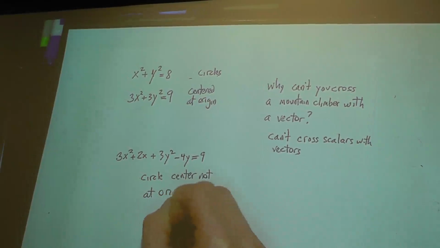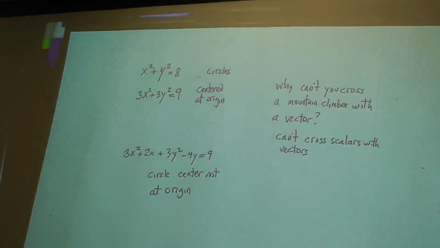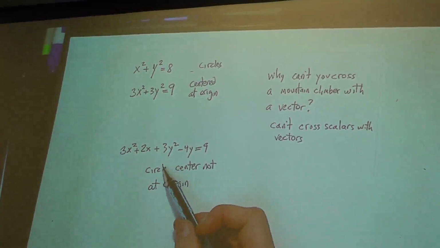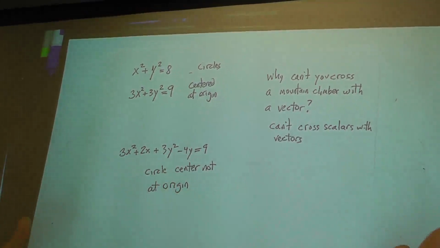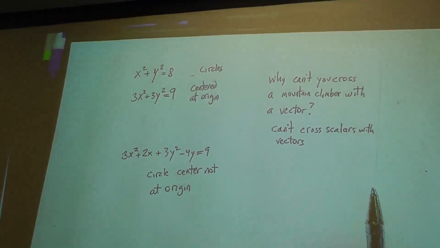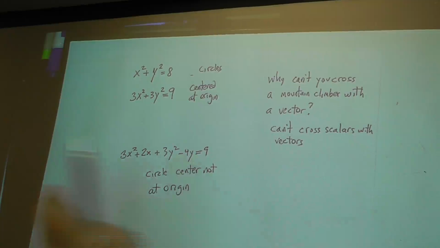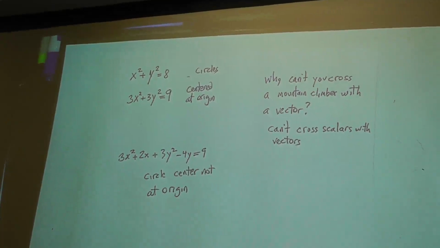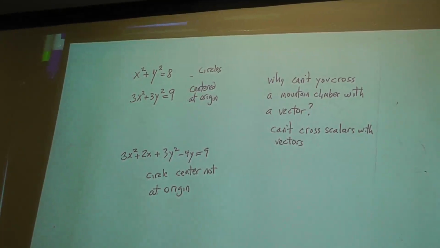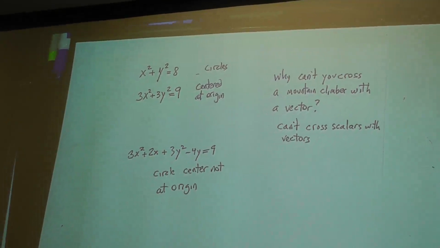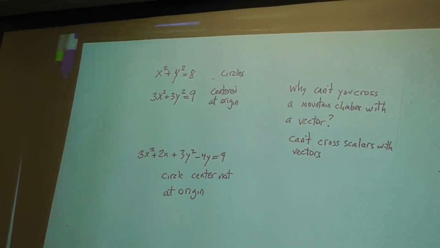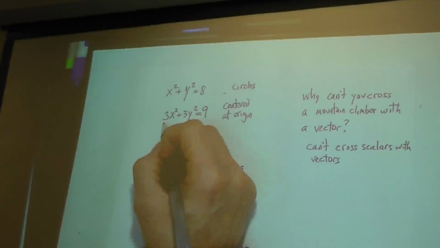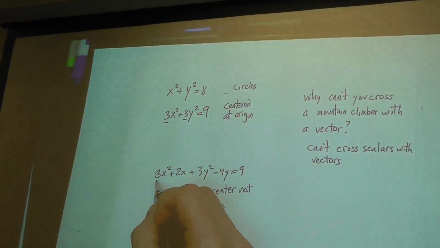So a typical pre-calc problem is to complete the square and get the center and radius of the circle. This is all well and good, but again, for the most part, not always, we'll work with circles centered at the origin, because if they aren't, you can translate and shove it back to the origin.